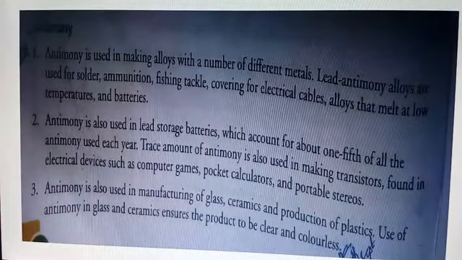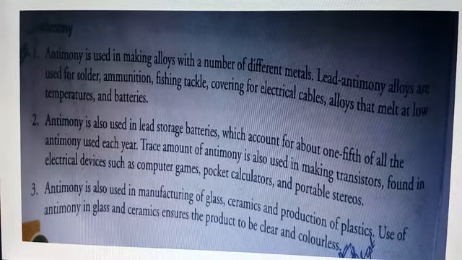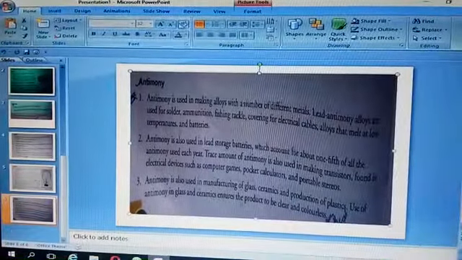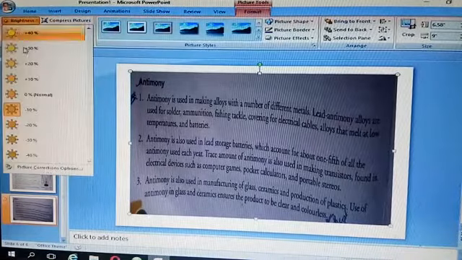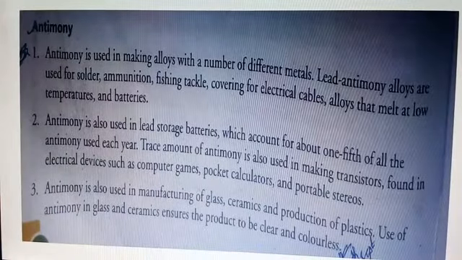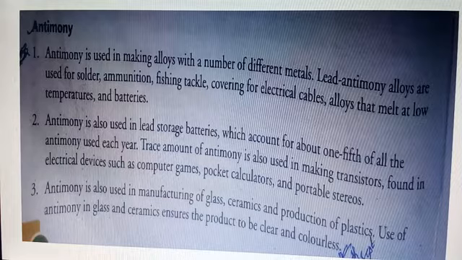Then the last one is antimony. Antimony is used in making alloys with a number of different metals. Lead antimony alloys are used for solder. Solder, I think you have heard of.